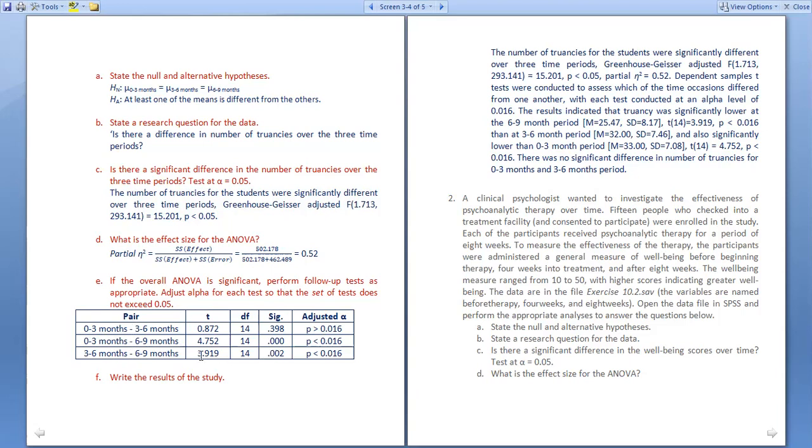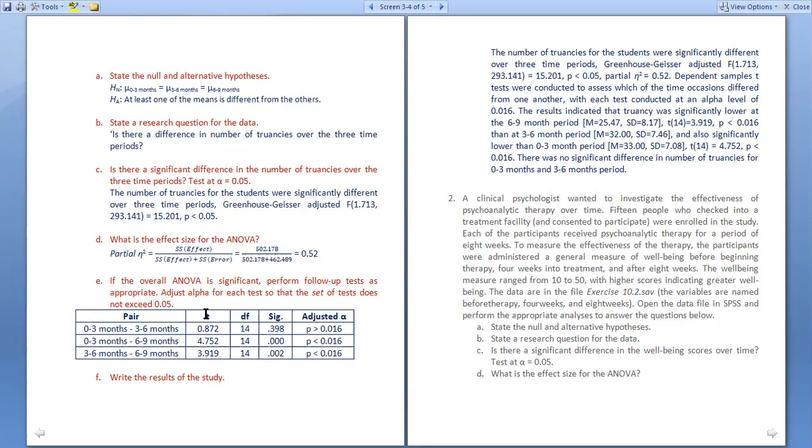So this is how we have tried to understand the data by doing the paired sample t-test. One thing is there. The question says to adjust alpha for each test so that the total does not exceed 0.05.